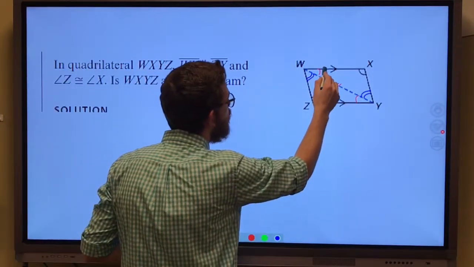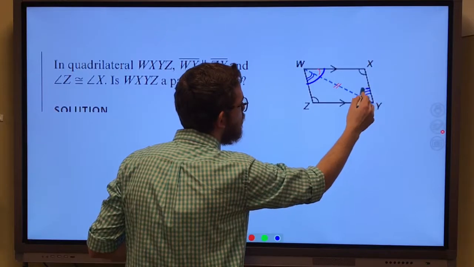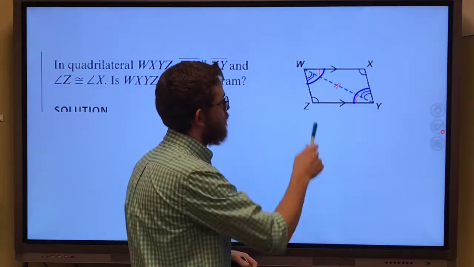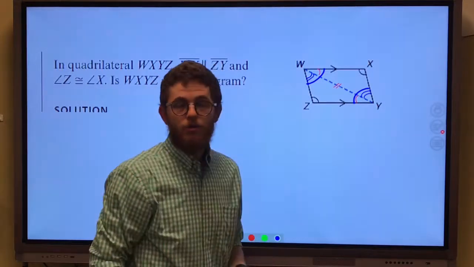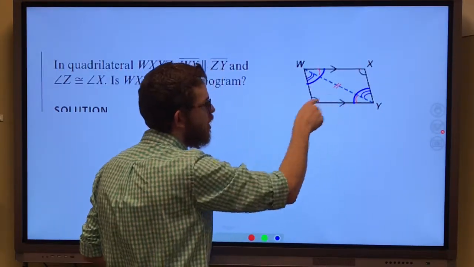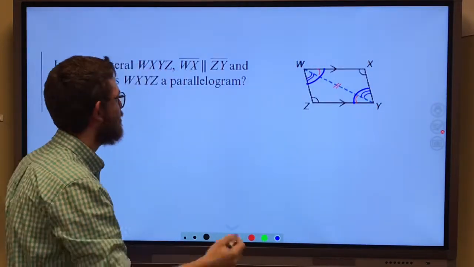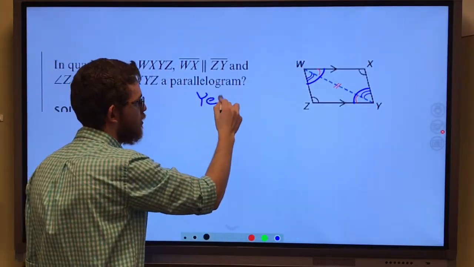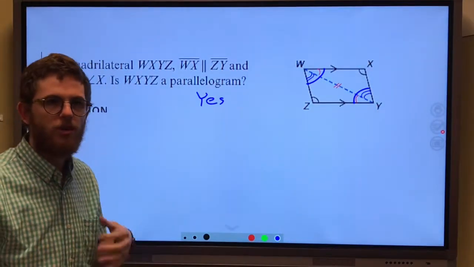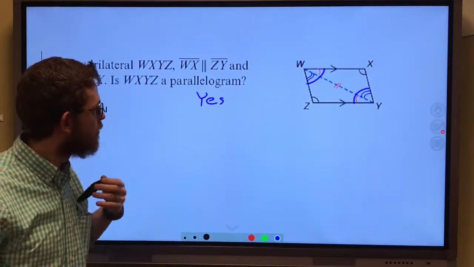So we really know that this whole angle is congruent to this whole angle down here. So we do have two pairs of opposite angles that are congruent, and I say yes, this must be a parallelogram because of that. So we had to think about it a little bit more than just looking at the facts we were given.